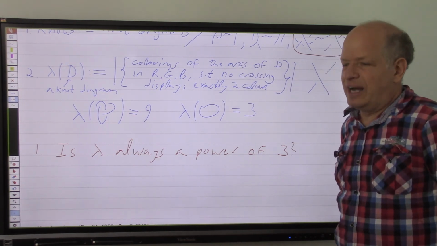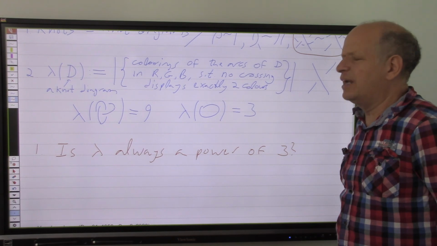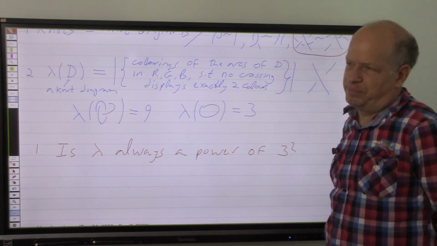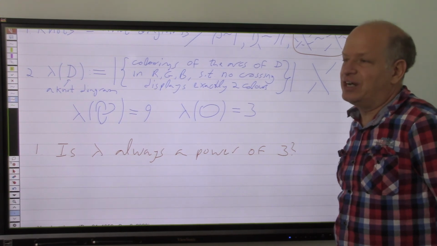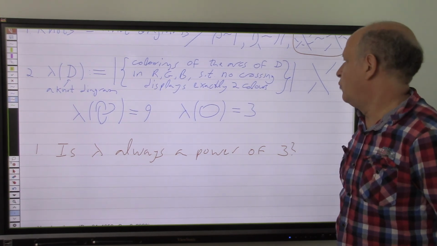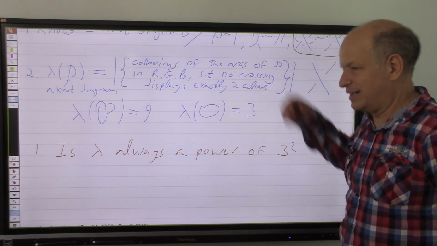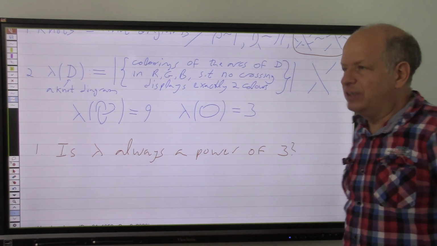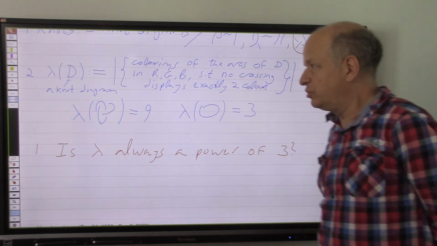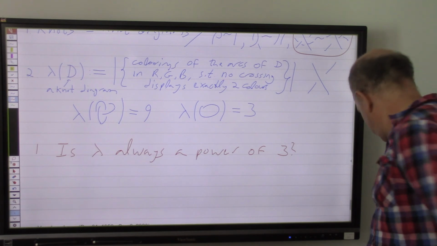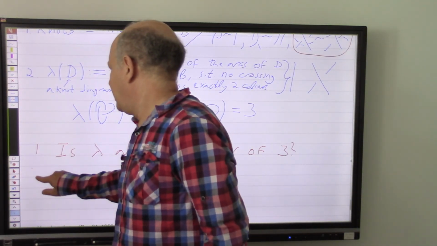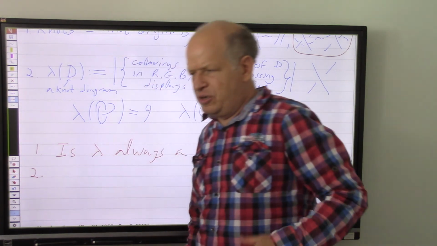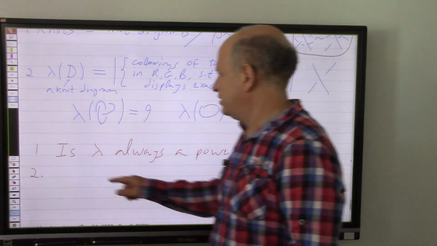So suppose you have a large knot, like the one that I've shown in a previous class. So 50 crossings, 100 crossings. So 50 or 100 arcs. How long does it take to compute this coloring invariant?